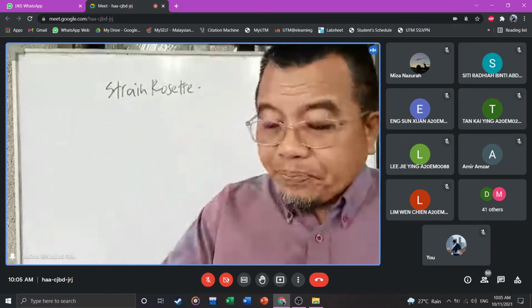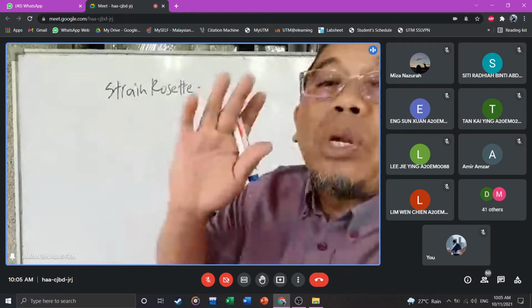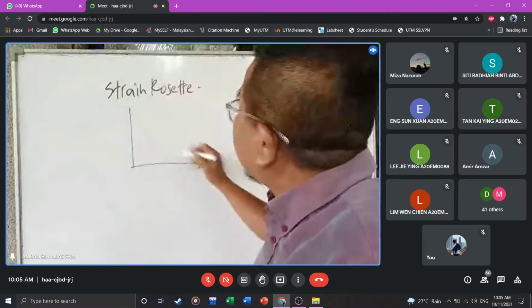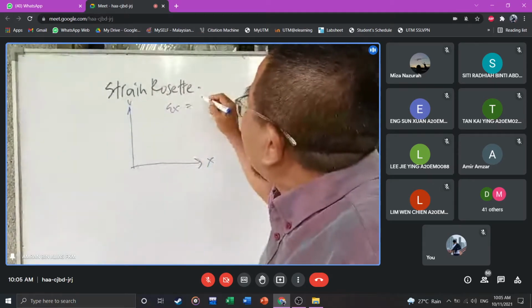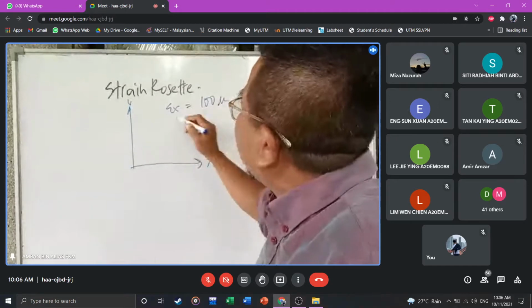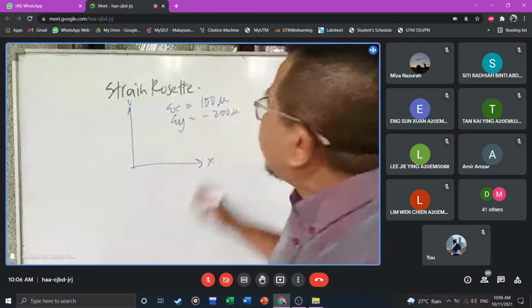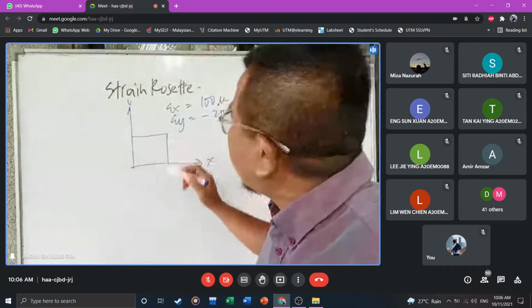Okay, now when we do the analysis, we know about two things. In x direction and y direction, we know epsilon X, let's say the value is 100 microstrain, epsilon Y is equal to negative 200 microstrain. That is the original shape.